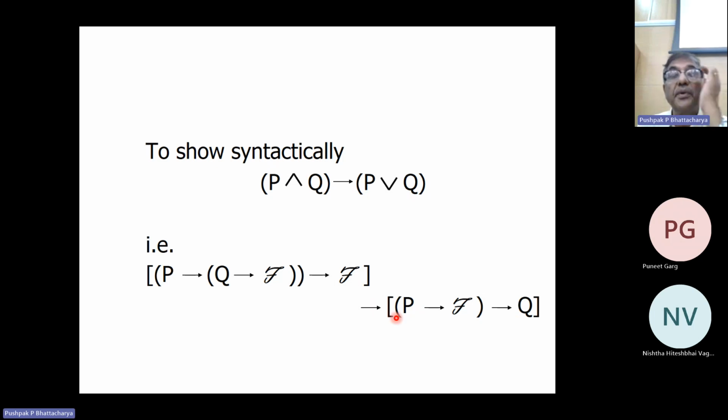Now, if you apply the deduction theorem, you can take material on the left-hand side of the derivation symbol and try to prove it. For example, you can say P implies (Q implies F) implies F, and P implies F derives Q. If that can be shown by the deduction theorem, then our job is done.